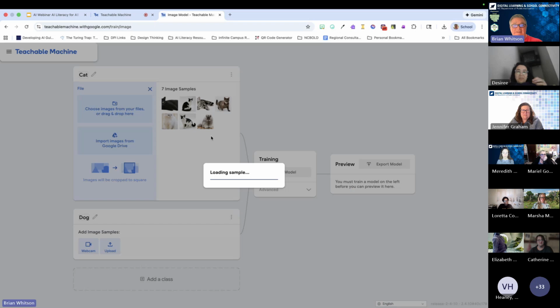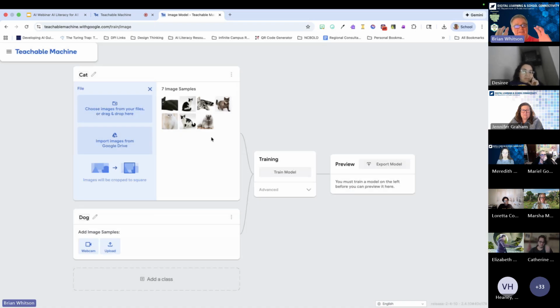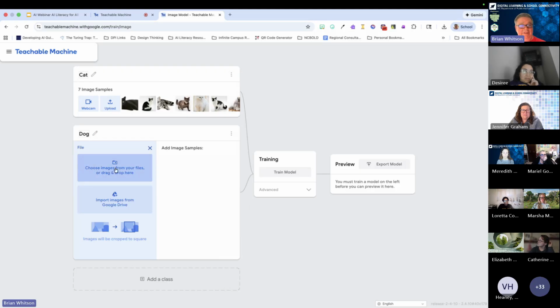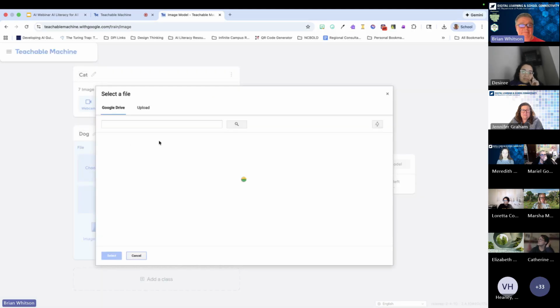And so it adds those images. And so it's going to say, these are cats. So I am tagging all these to be cats. I'm going to do the same for dogs.